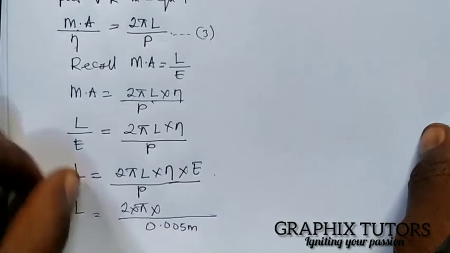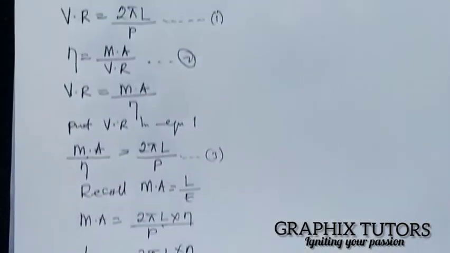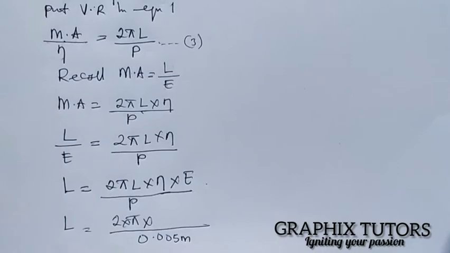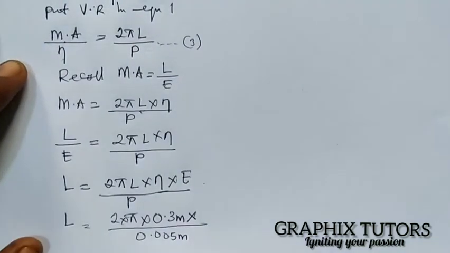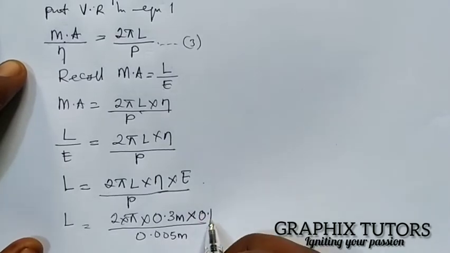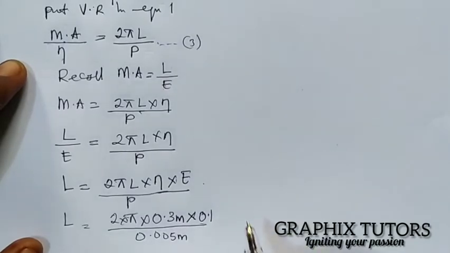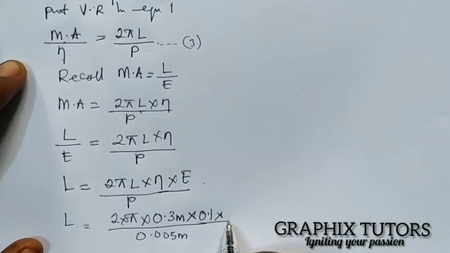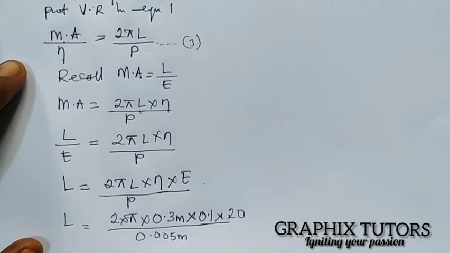The length given here is 0.3 meter. The efficiency, which is 10%, will be 10 over 100, and that will give me 0.1, multiplied by the effort given. The effort given is what? 20 Newton, right?